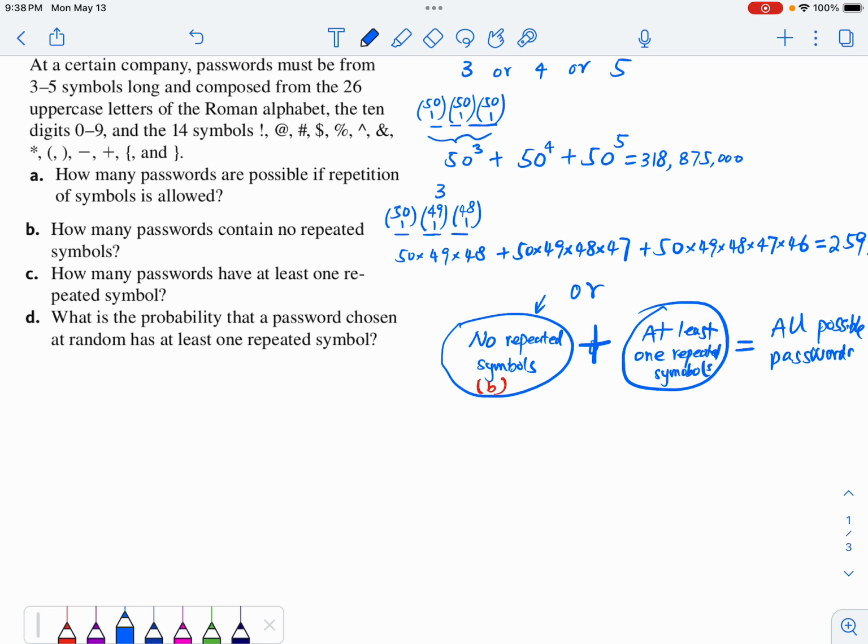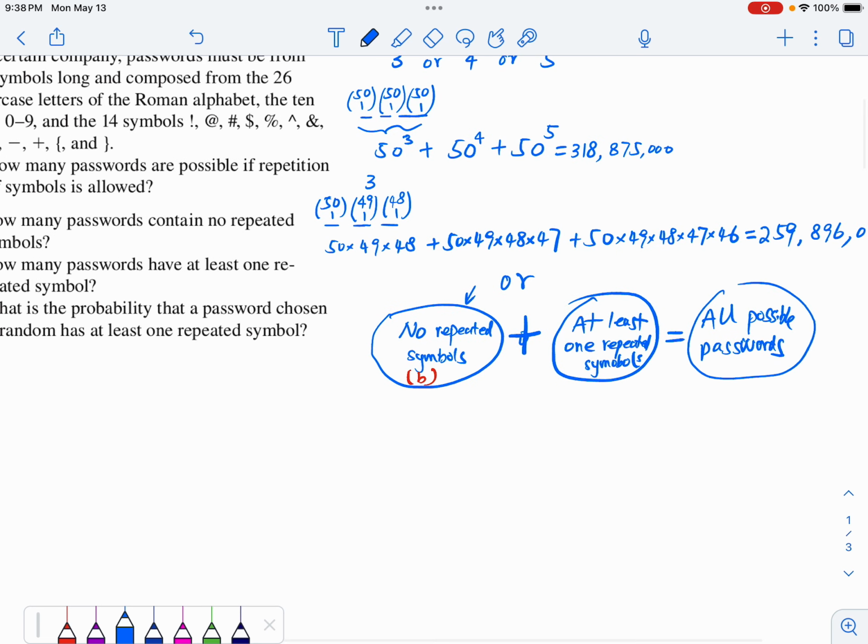This is 318,875,000, and this is 259,896,000.